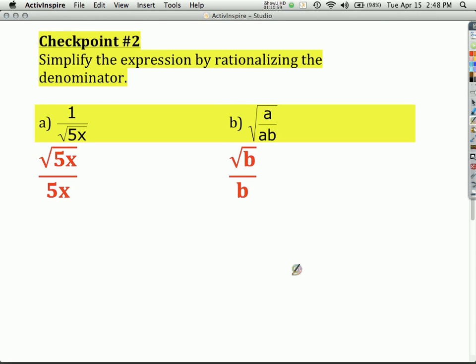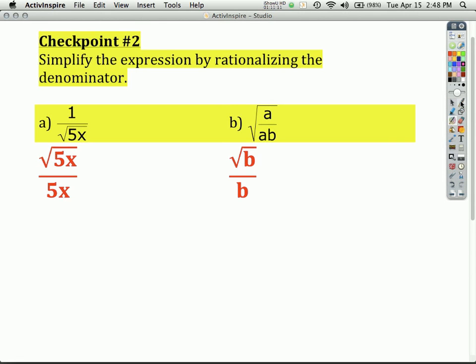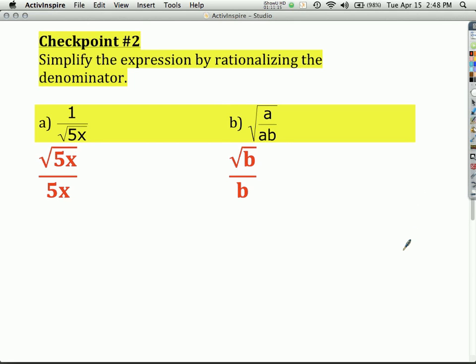Anyone notice anything now? You see something now? Nathaniel, what do you see now? It's just root b over b, but the top has to be a square root, the radical sign. Right, okay, but how does that relate to the original question?